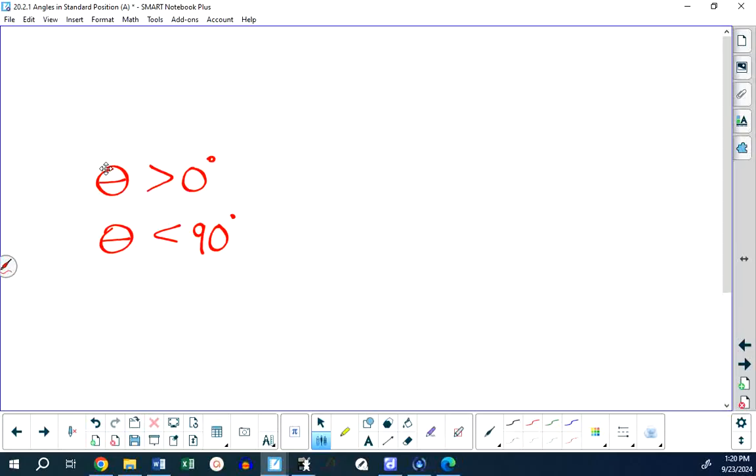Okay, well, I want you to notice that if theta is greater than 0 degrees, then 0 degrees must be less than theta. Run that through your brain a few times. Just really think about this and convince yourself that they're saying the same thing.